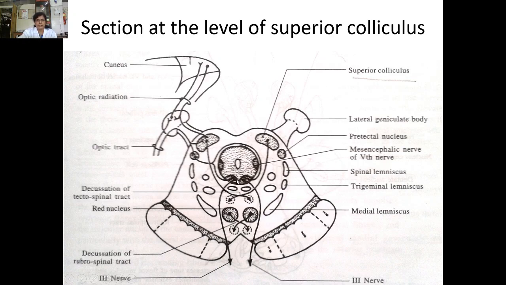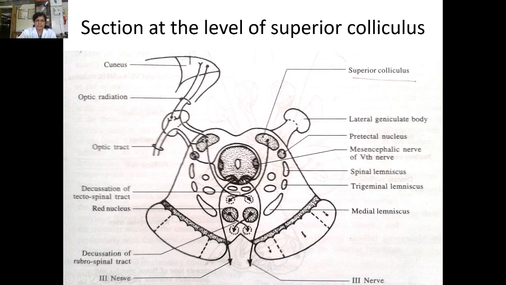and this nucleus represents two functional components, that is the somatic efferent functional component, and through this somatic efferent component the oculomotor nerve supplies extraocular muscles except lateral rectus and superior oblique. And the second functional component is the general visceral efferent component, the parasympathetic component, and the nucleus is the Edinger-Westphal nucleus, which is present with the oculomotor nerve nucleus.